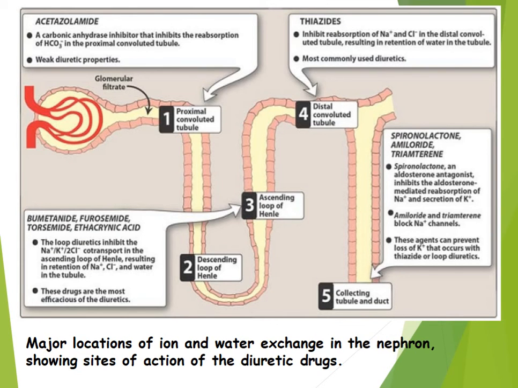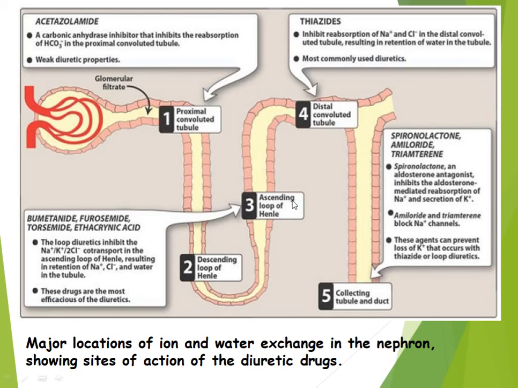Now, the major locations of ion and water exchange in the nephron, showing the sites of action. First is the proximal convoluted tubule. An example is acetazolamide, which is a carbonic anhydrase inhibitor.